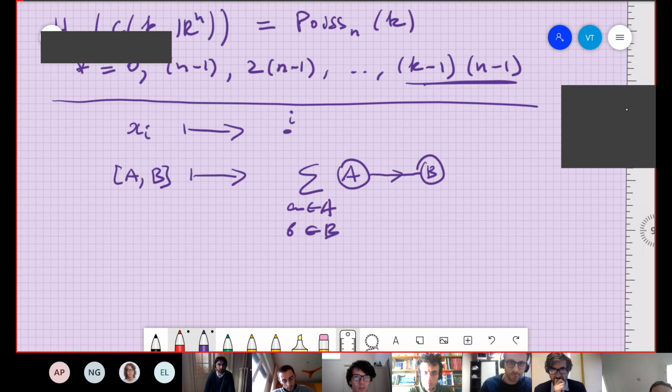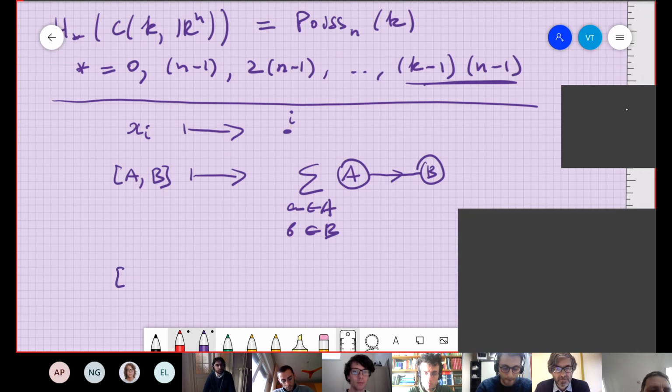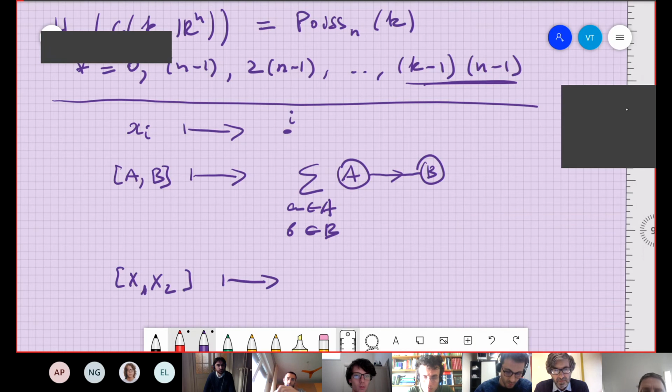When we have x1, x2, it is going to be sent to this graph.